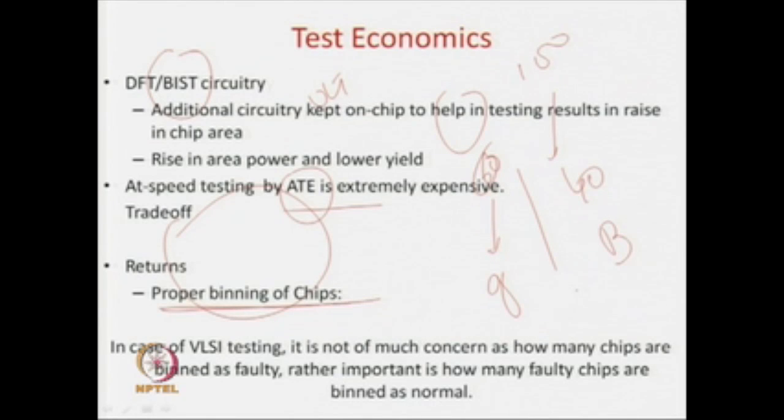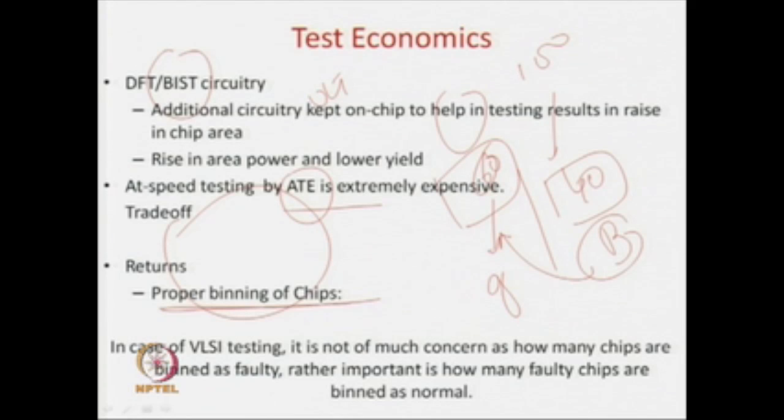Now, what VLSI testing is giving me is a very proper partitioning of 60 and 40. If I somehow sell a defective, bad circuit in a good group to a person, then that will be a big problem. So, that is how test economics will help me.